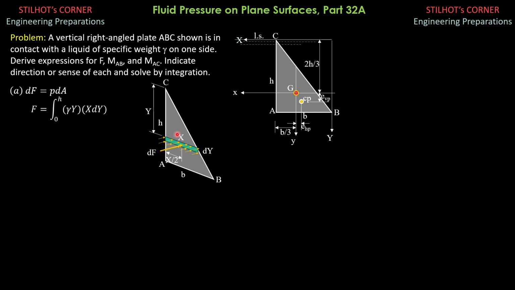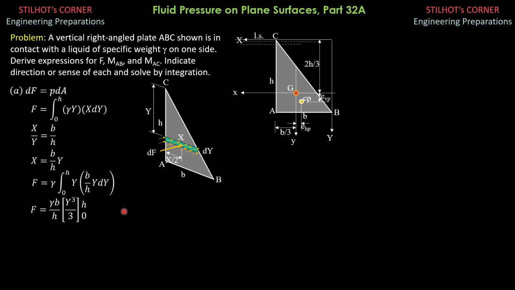From the figure, by similar triangles, X is to Y as B is to H. That means X is B over H times Y. Substitute here: F is gamma times the integral of Y times B over H Y dy. That would be gamma B over H times the integral of Y squared, which is Y cubed over 3, from 0 to H. Substituting, it is gamma B H squared over 3, because we can cancel H.